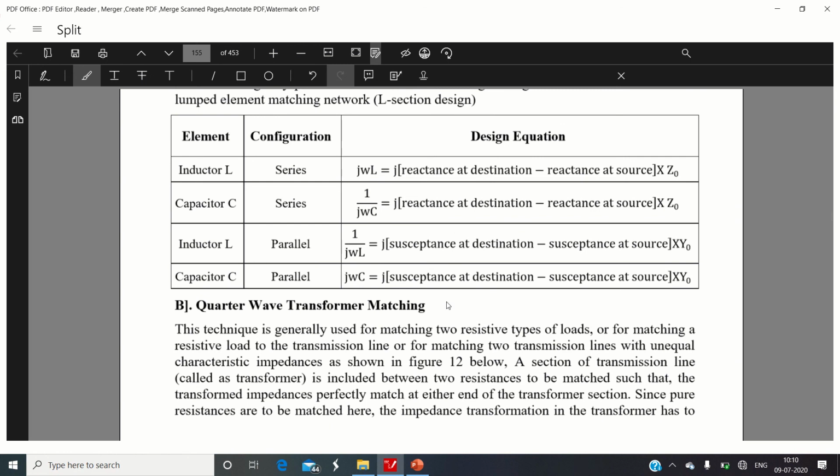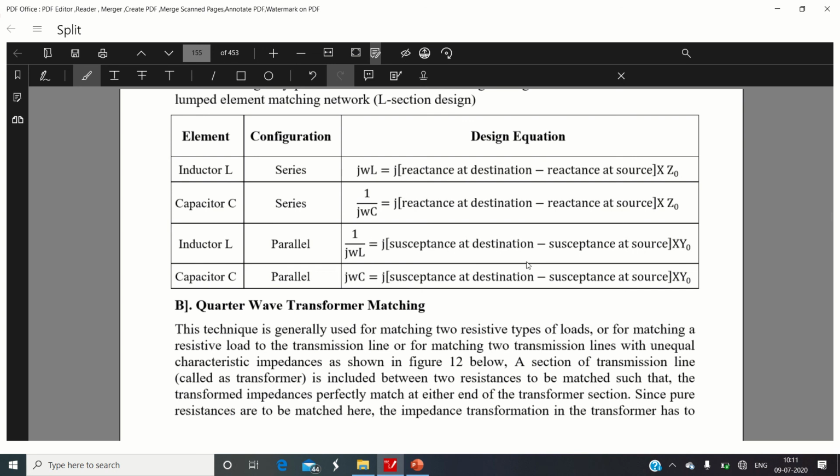Carefully observe, and I request you to jot it down quickly, because we are going to require these formulae whenever we design the impedance matching network using lumped elements, inductor and capacitor. At that time we need to find the particular values of inductor and capacitor, and we do need these design equations. For the time being, don't pay attention to the nomenclature here, just jot it down quickly.